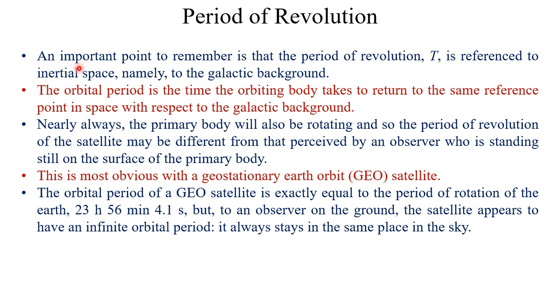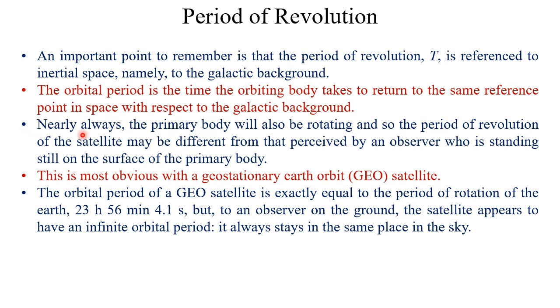An important point to remember is that the period of revolution, that is the capital T, is referred to inertial space, namely the galactic background. The orbital period is the time the orbiting body takes to return to the same reference point in space with respect to the galactic background.